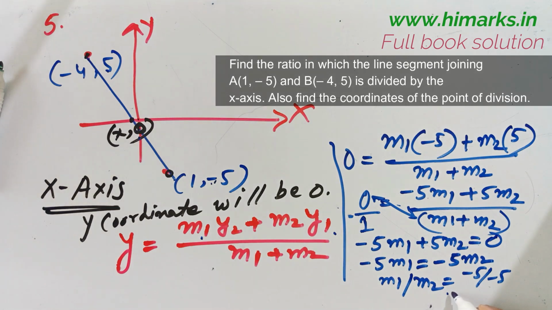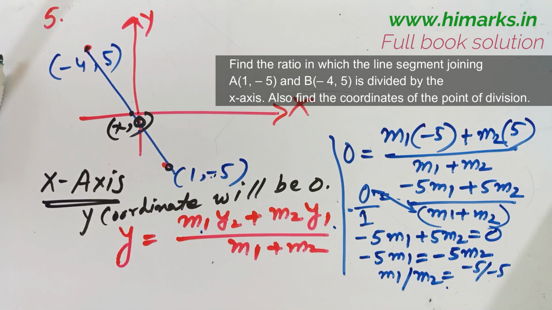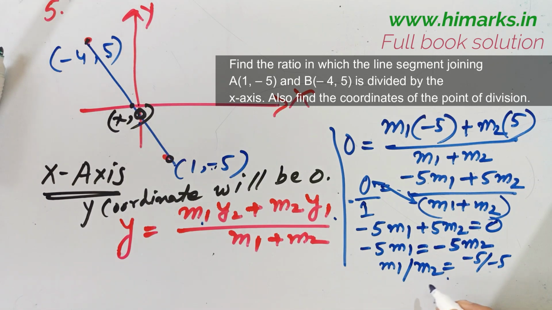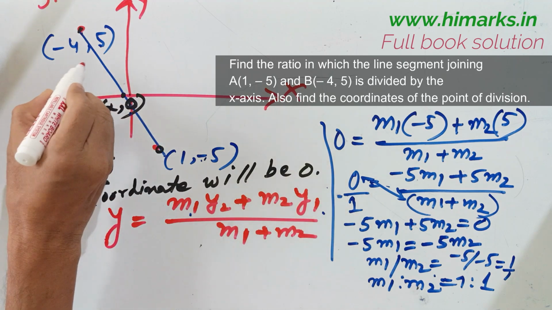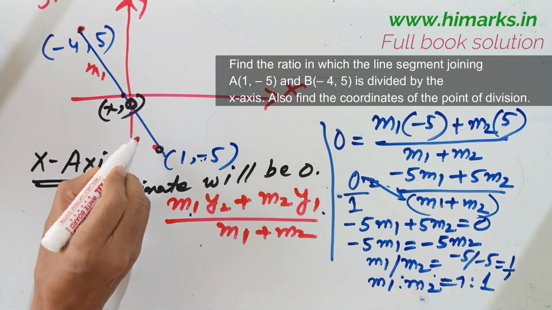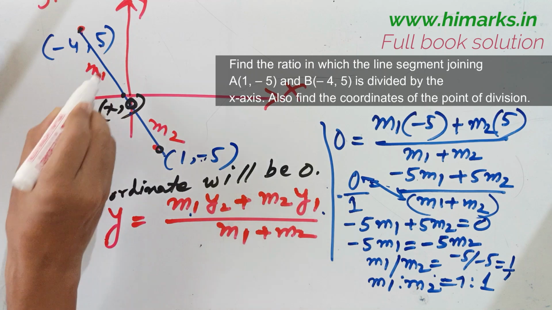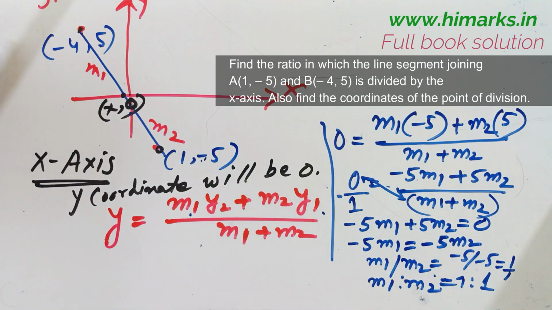So m1 by m2 is 1 by 1, so this answer becomes 1:1.